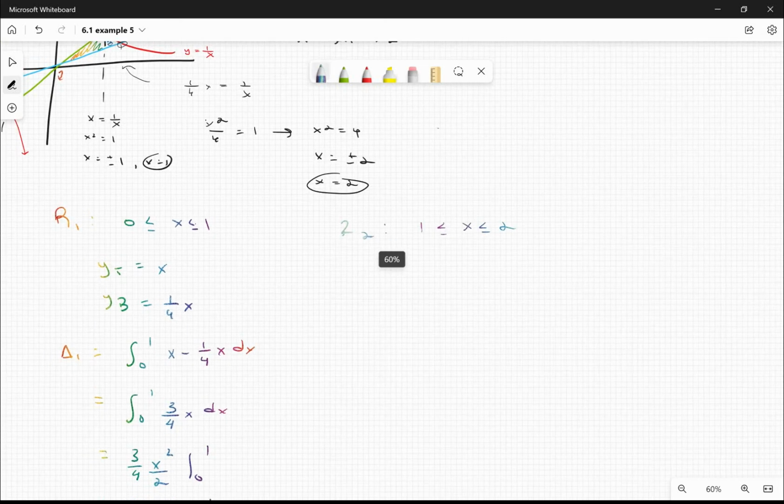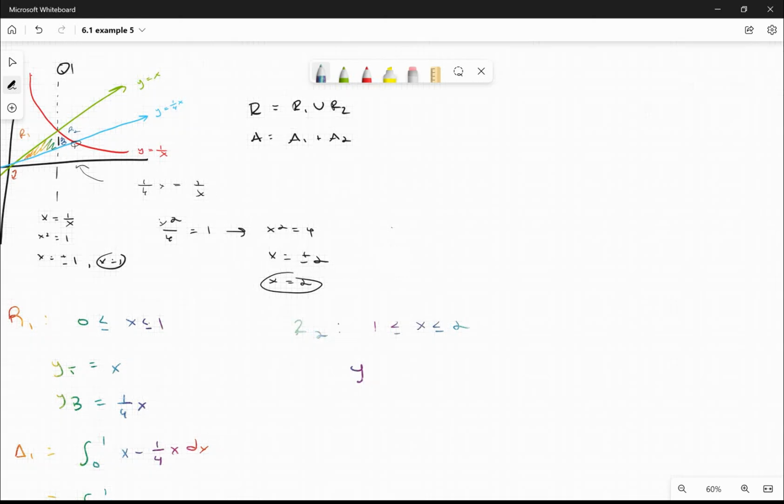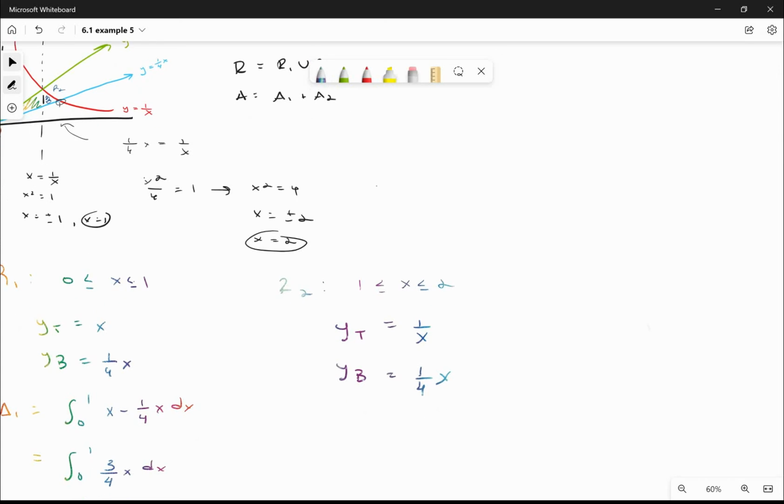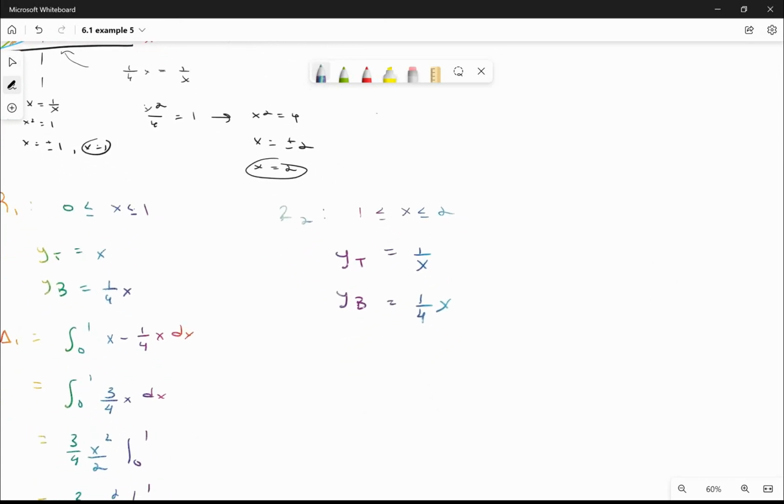And our top function, yt, is equal to the red one, 1 over x, and then yb is equal to the bottom one, which is the blue, so that's 1/4 x. And so A2 is equal to this integral from 1 to 2 of 1 over x minus x over 4 dx.